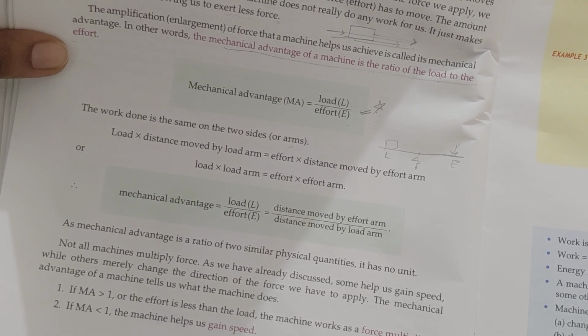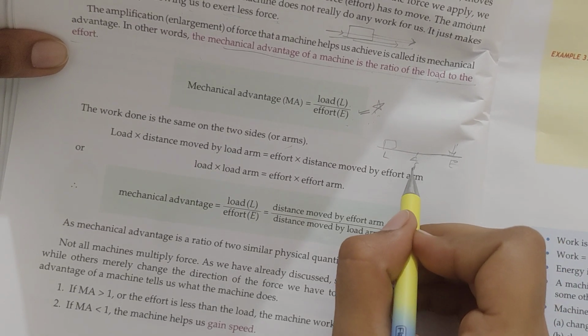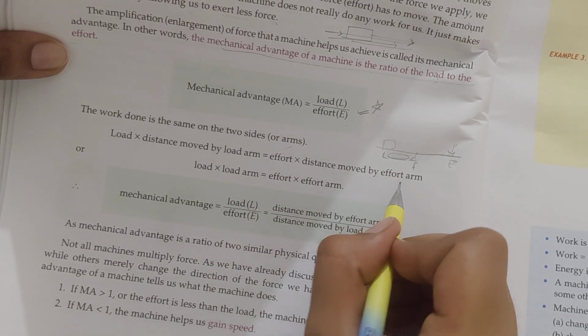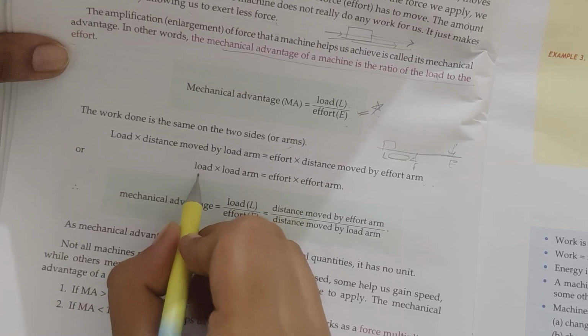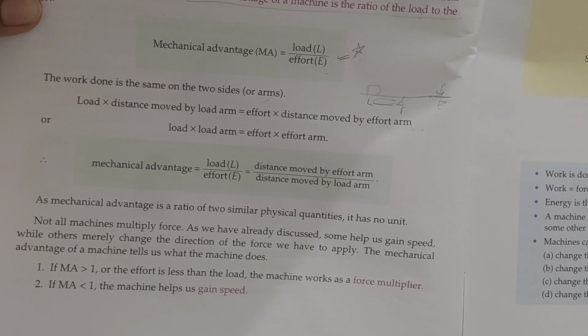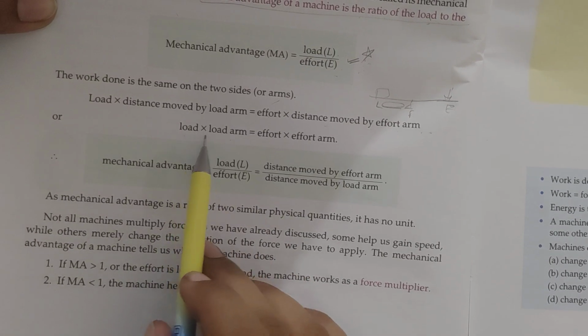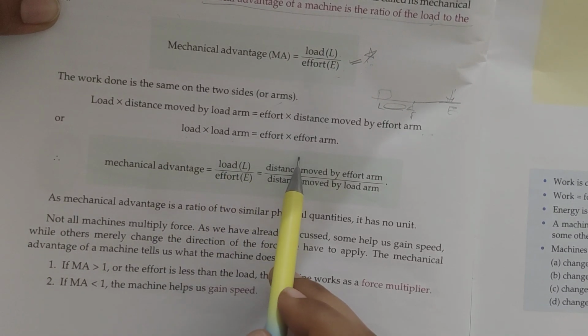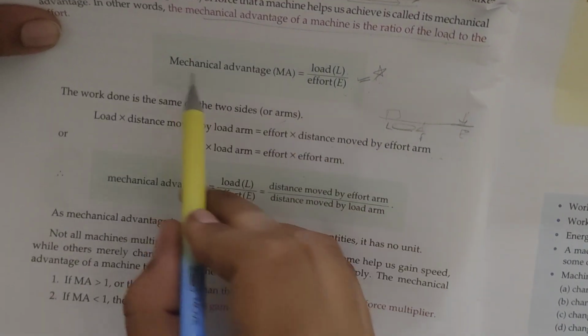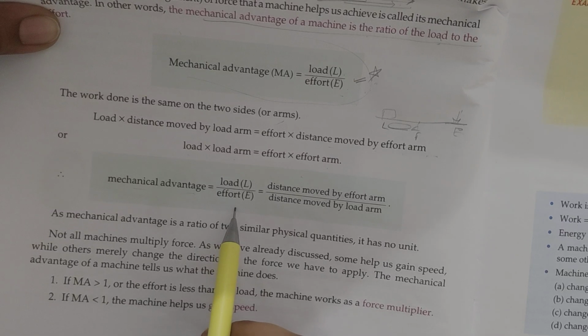It means the load multiplied by the distance moved by the load arm equals the effort multiplied by the distance covered by the effort arm. Load times load arm equals effort times effort arm. The same formula is written here also.